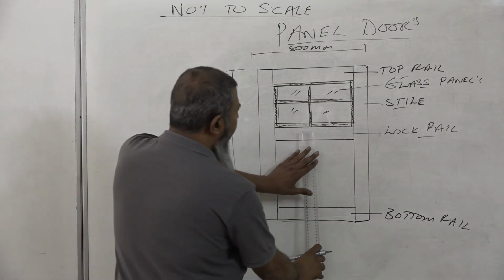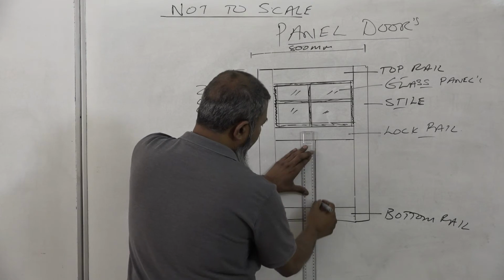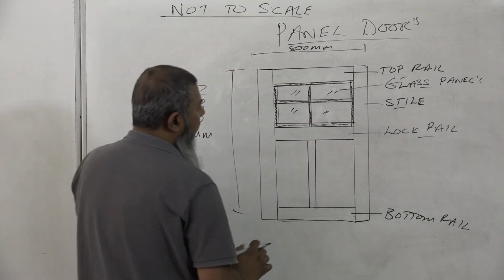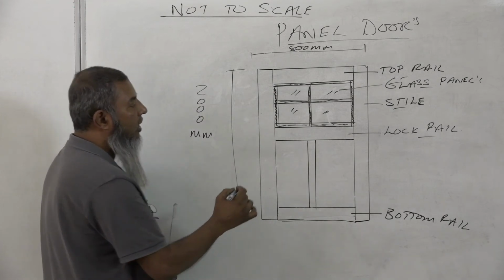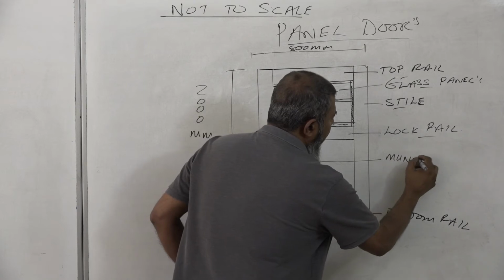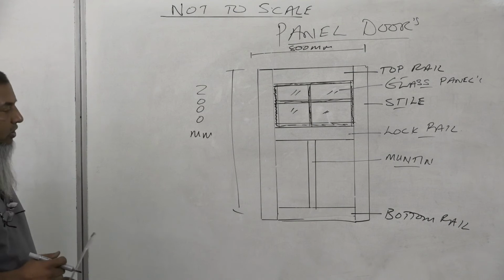So once again, center we need support. So we go center. And in the center, what holds these panels together is called a muntin. Muntin. Holding the center together because it's wood.